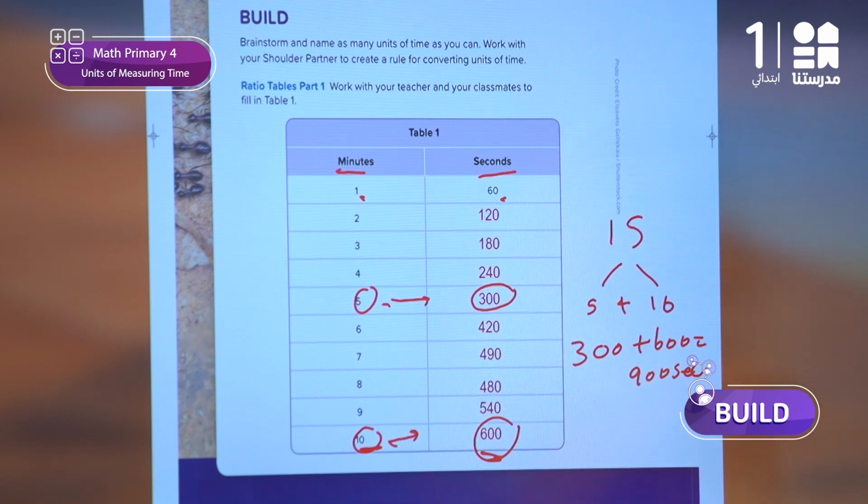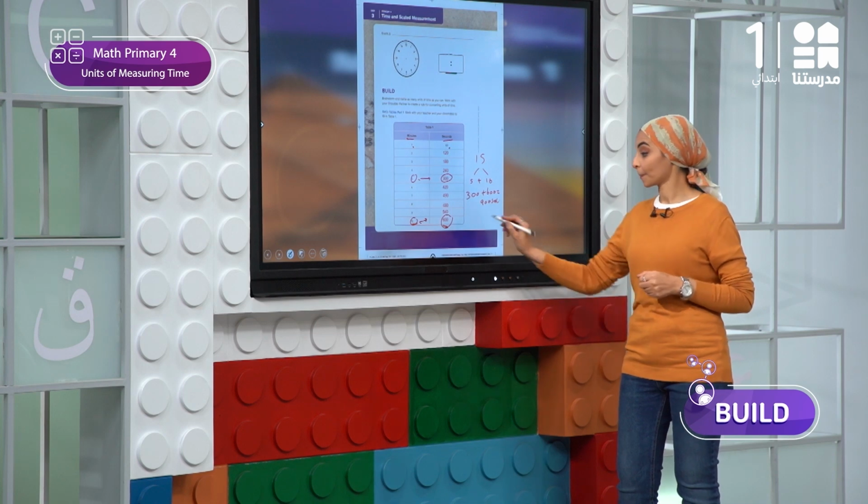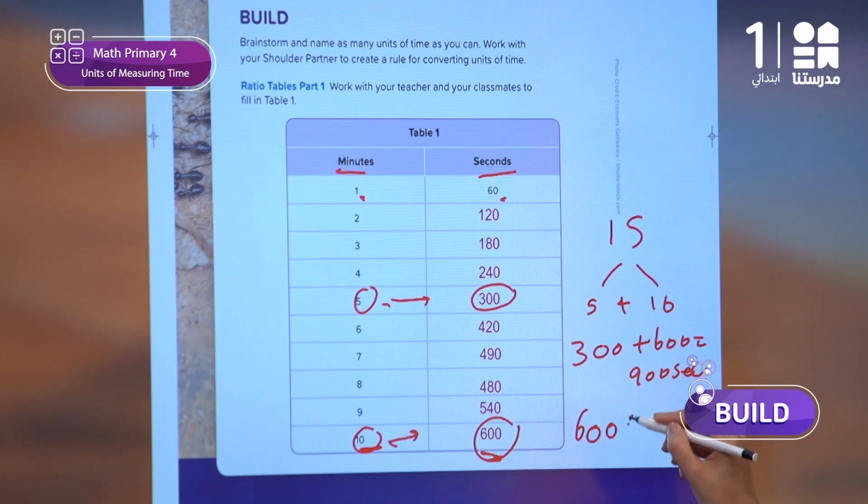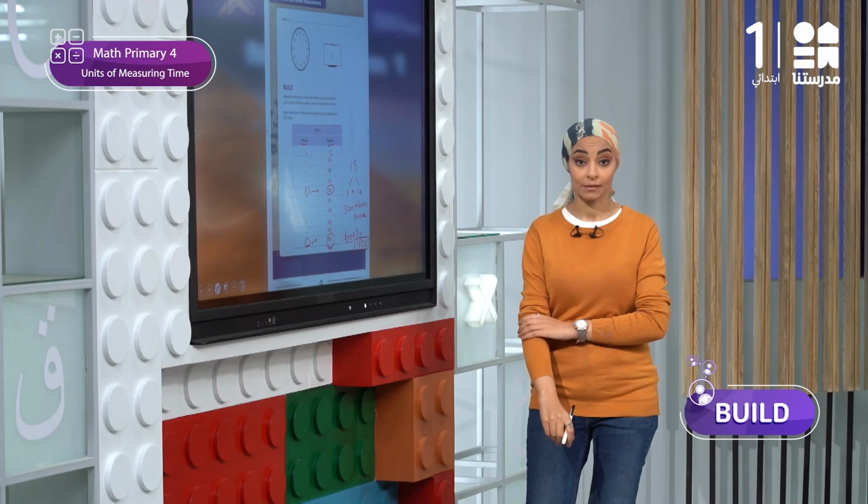So 30 minutes equals what? Yes, 600 times 3. How will I do it? You can make 6 times 3. 6 times 3 equals what? Yes, 18. What about these two zeros? I'll put them as they are, so it equals 1800 seconds.